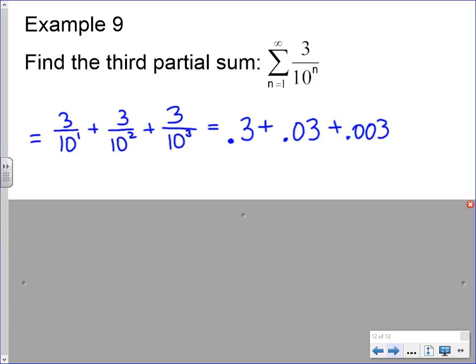So what's our sum? 0.333, or 333 over 1,000 if you keep it as a fraction. Now, I wrote it like this for a reason.